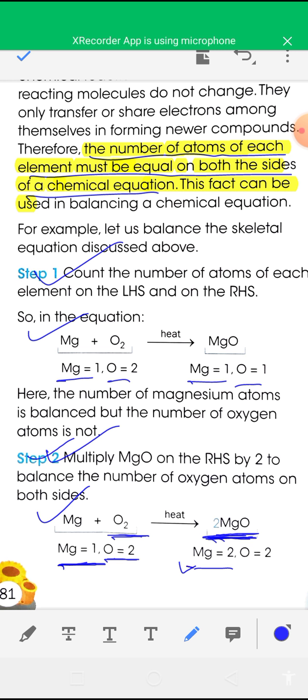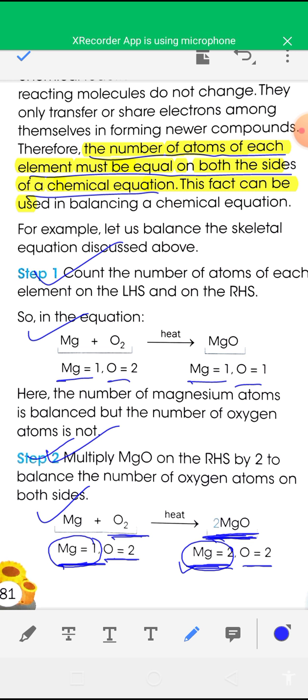On the right side, the number of magnesium atoms is 2 and oxygen atoms are also 2. So on the left side 1 magnesium atom, on the right side 2 magnesium atoms. Now you see the oxygen atoms are balanced but the magnesium atoms are not balanced.